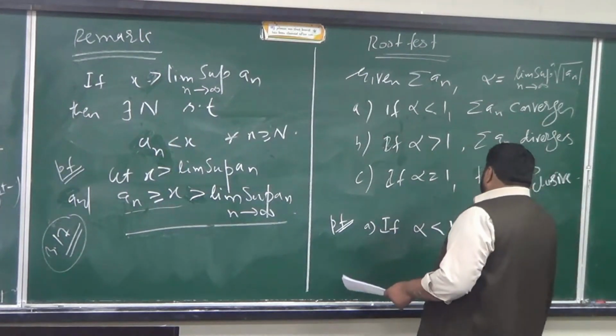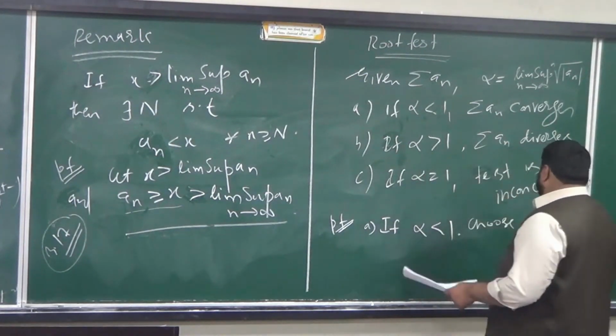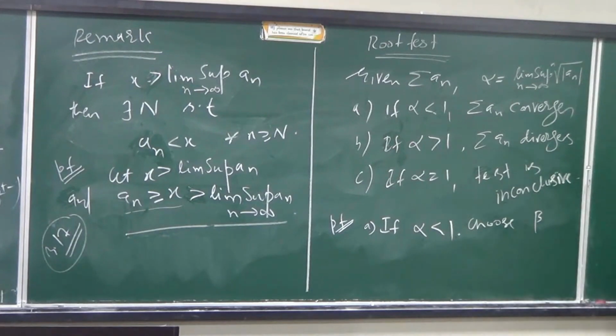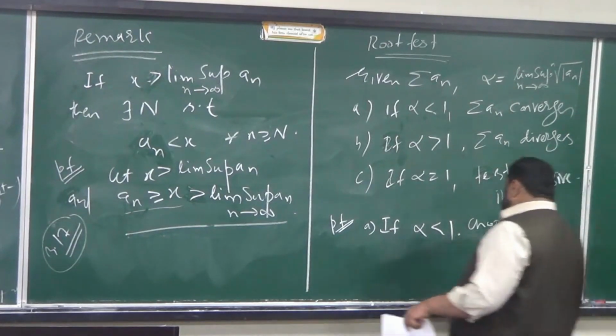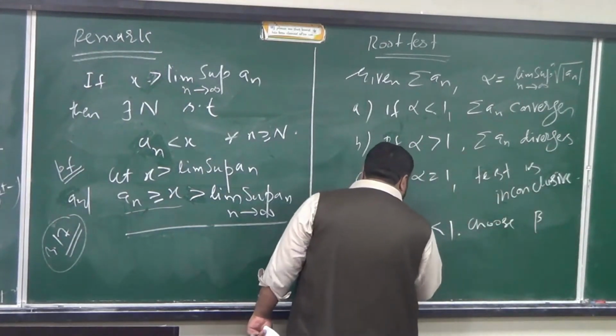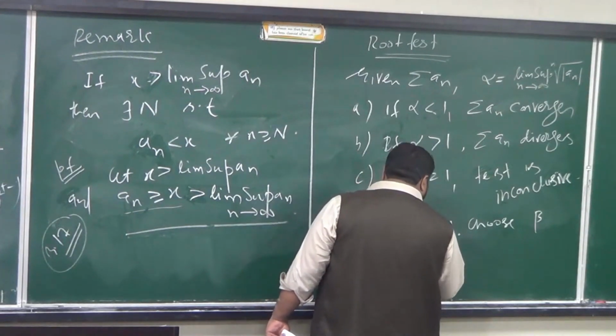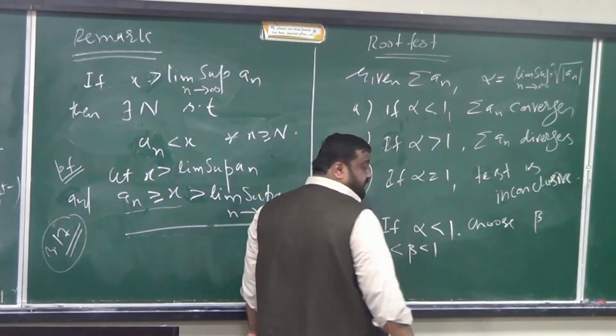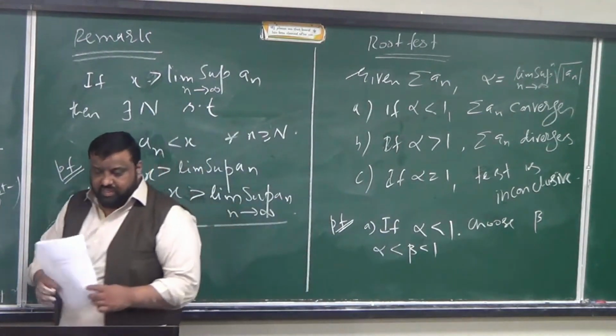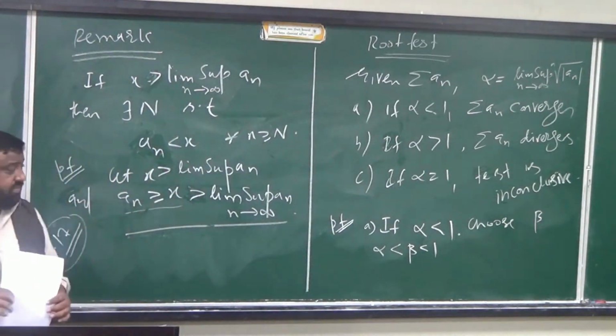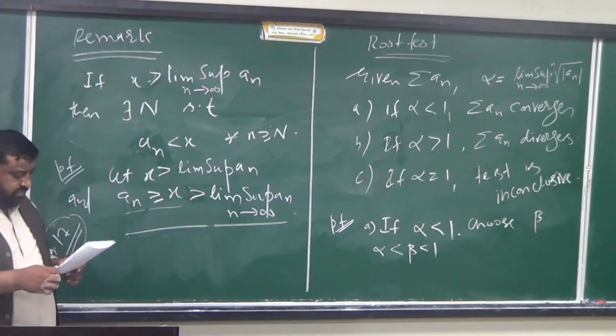So I'm saying choose a beta, and that beta is between what? Between 1 and alpha. This is going to be alpha.